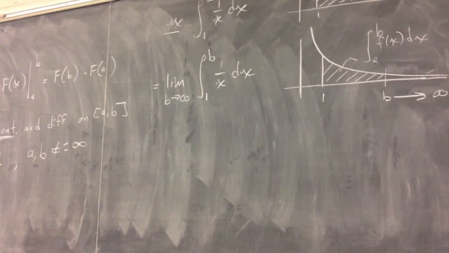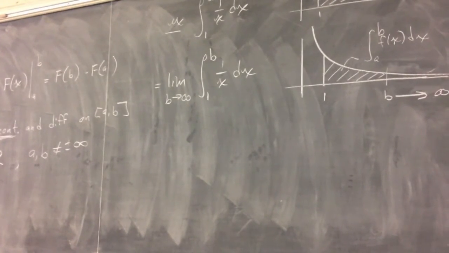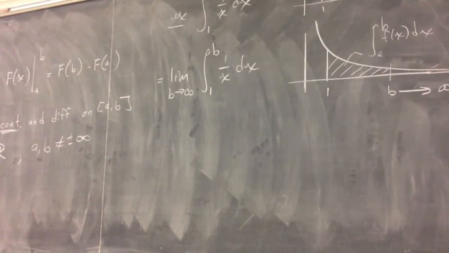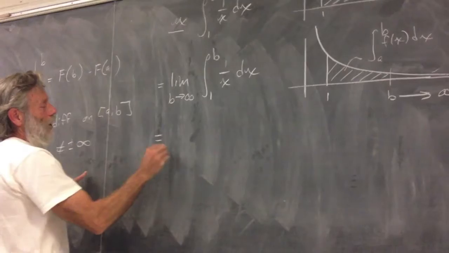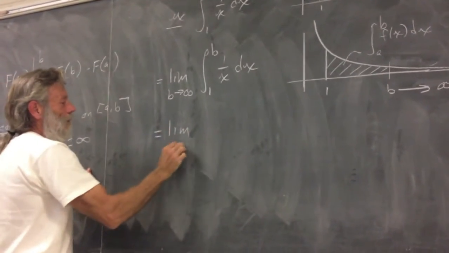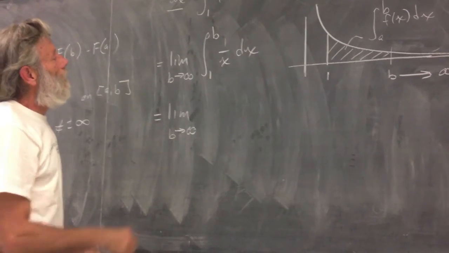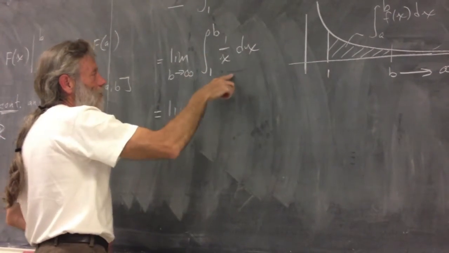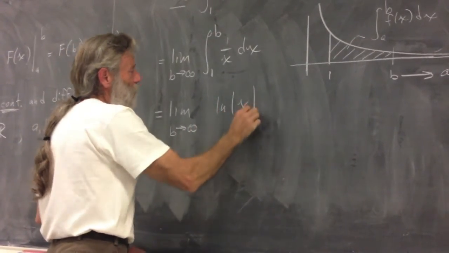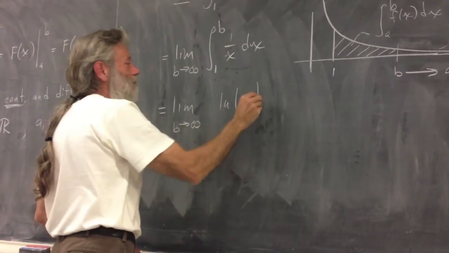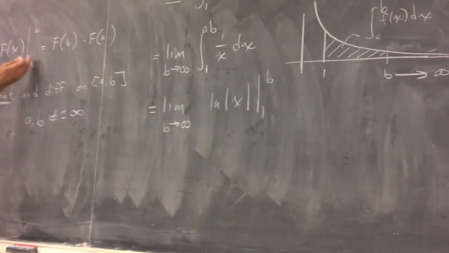But at least in a math class, you should write it in the proper notation, which separates this limit off to the side. So you would still write limit as b goes to infinity. This follows through right until the very end. Go ahead and evaluate your integral. In this case, write the log of the absolute value of x, evaluated from 1 to b.